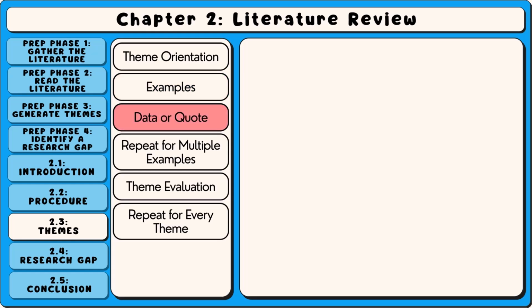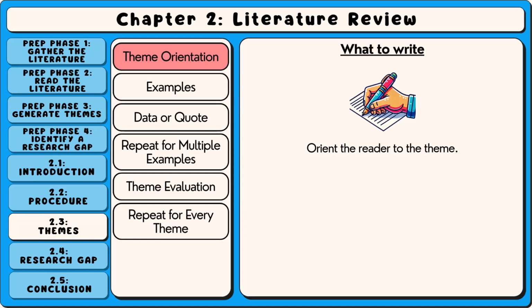Next, we'll present specific data or quotes from the articles that you read, and this is done to demonstrate your close reading of the text while also showing key insights from the literature. You may choose to repeat these steps for multiple examples and quotes for each theme. Finally, we'll write a final evaluation of the theme before repeating those steps for every single theme.